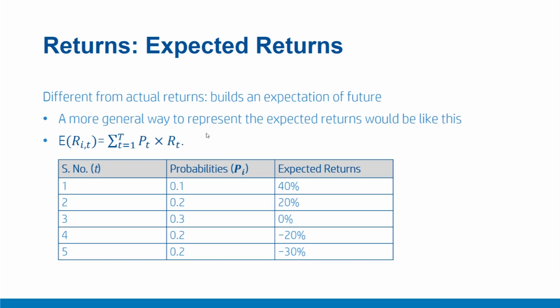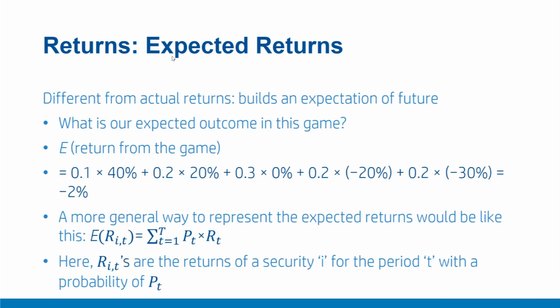Now, a very simple way to compute expected returns with the formula shown here is: expected return of R_i equals sigma P_t into R_t, where t moves from 1 to T. We'll explore this formula in more detail now. What is our expected outcome from this game?